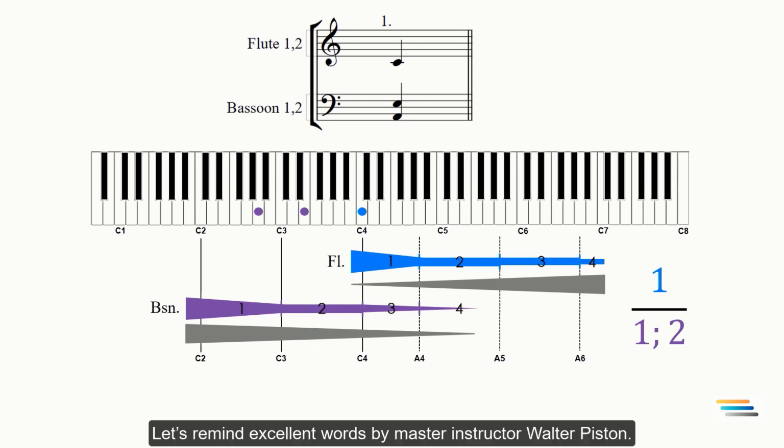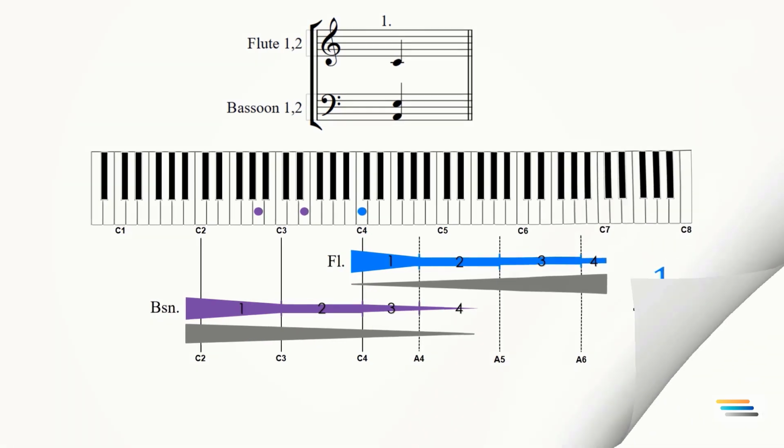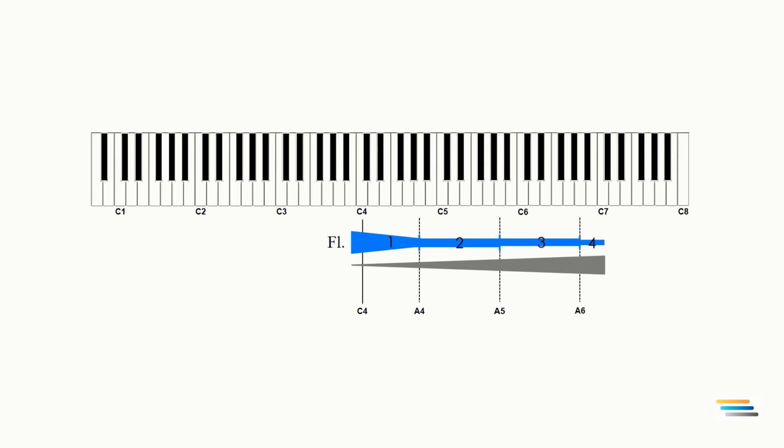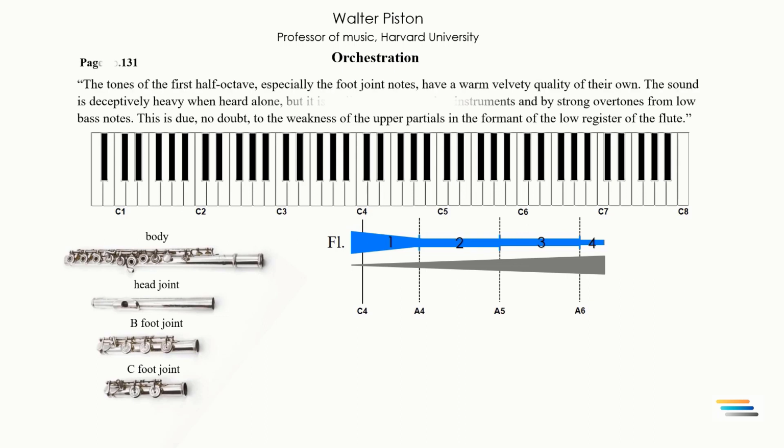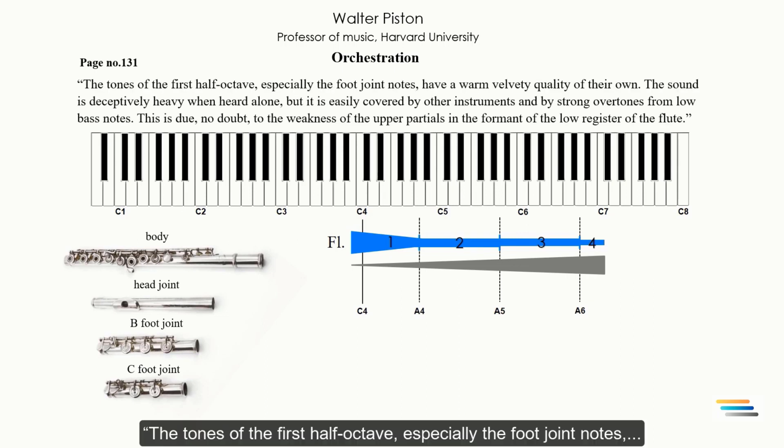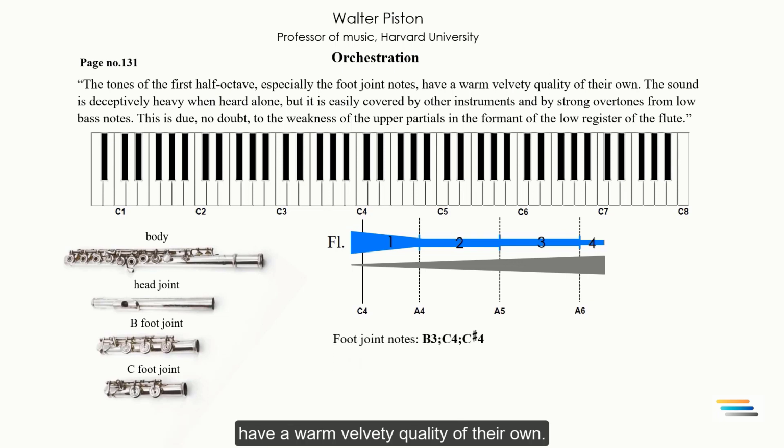Let's recall an excellent verse by master instructor Walter Piston. The tones of the first half octave, especially the foot joint notes, have a warm, velvety quality of their own.